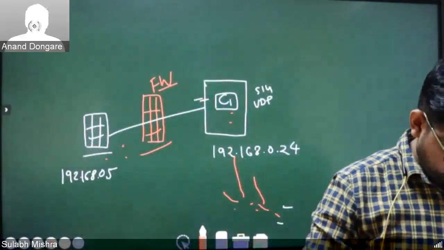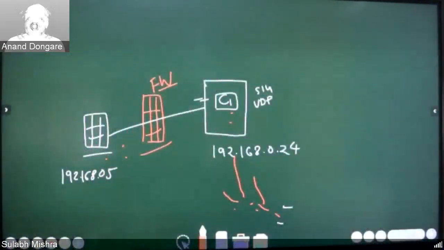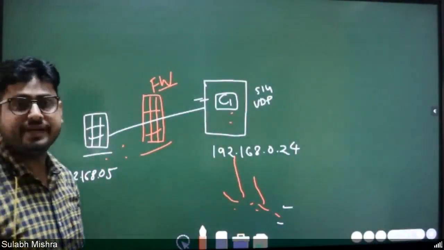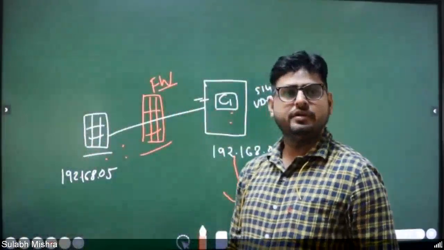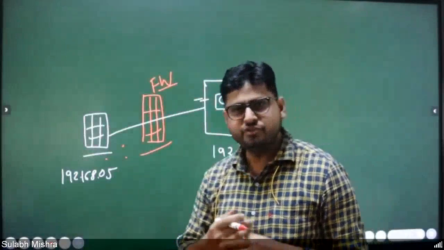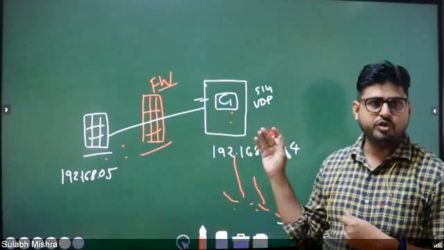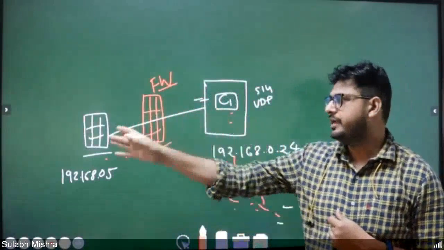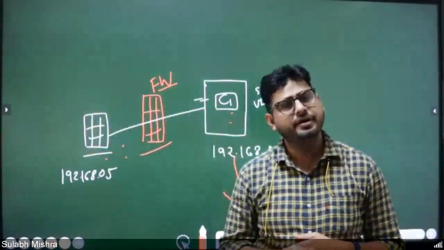Can you repeat the fifth step? So what I'm saying is, we have to ensure that the particular port number that you have configured on the connector should be open between the connector server and the end device if there is a firewall in between.